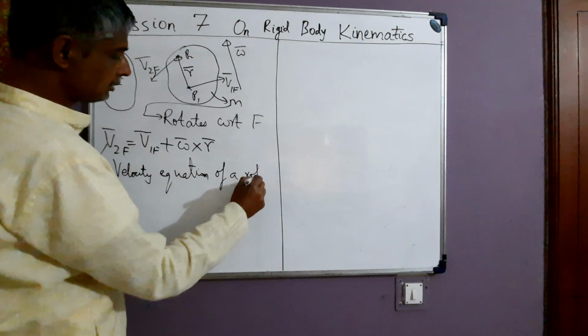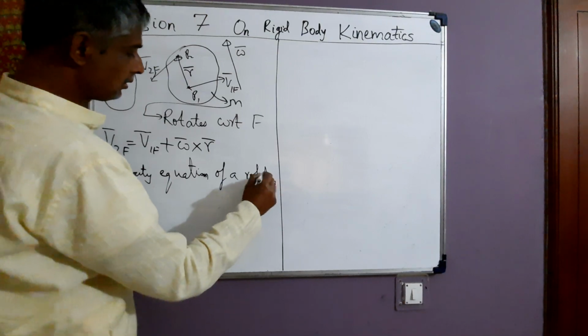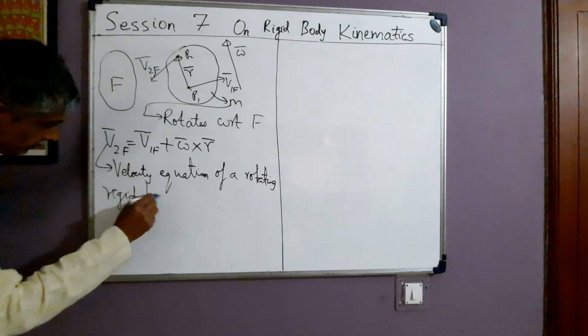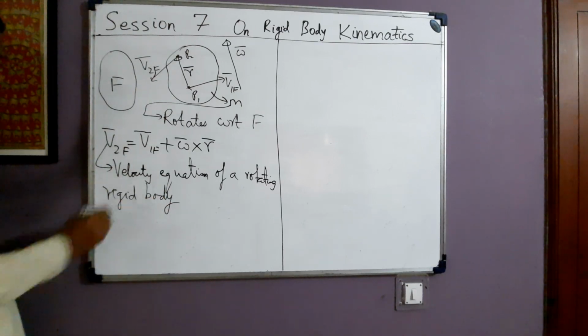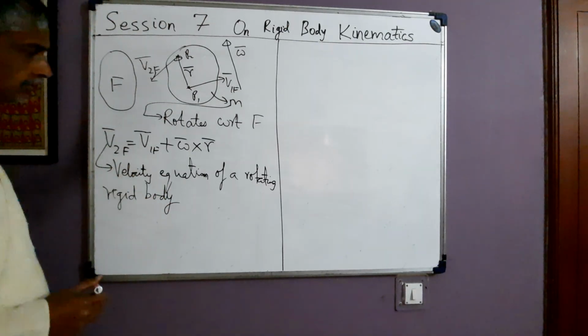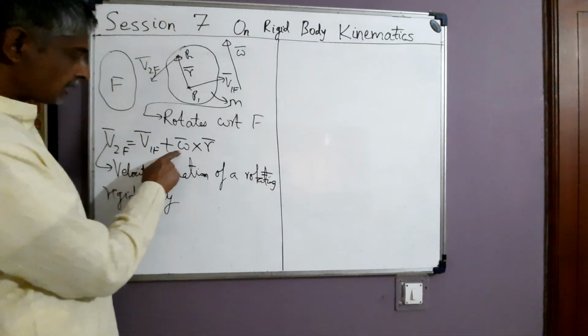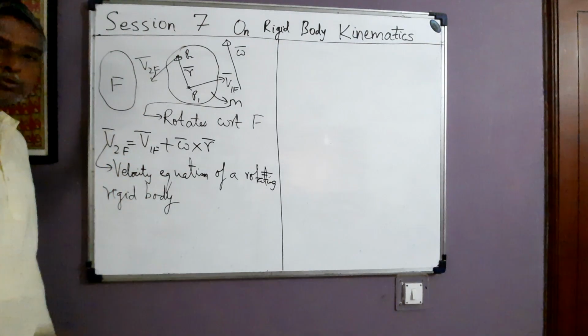If we are given V1F, omega and R, then we can find V2F.